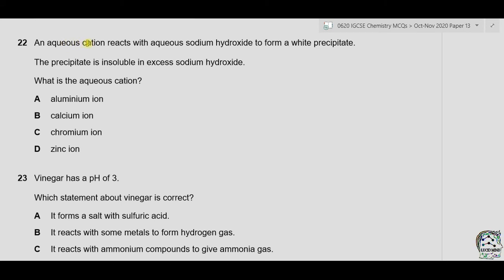Question 22. An aqueous cation reacts with aqueous sodium hydroxide to form a white precipitate. The precipitate is insoluble in excess sodium hydroxide. What is the aqueous cation? A is aluminum ion. Now aluminum ion makes a white precipitate with aqueous sodium hydroxide, and it is soluble in excess sodium hydroxide.